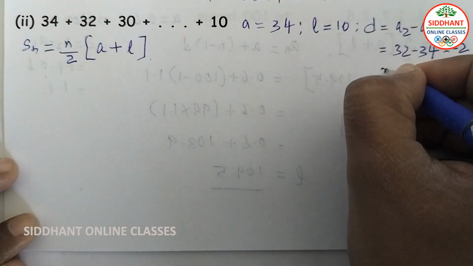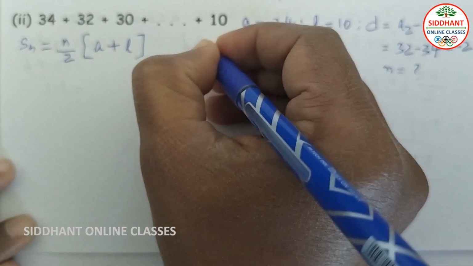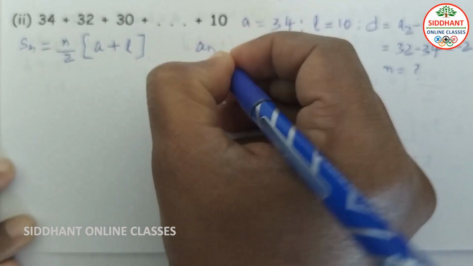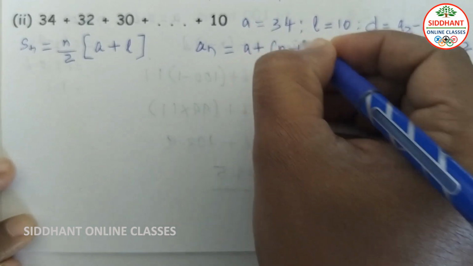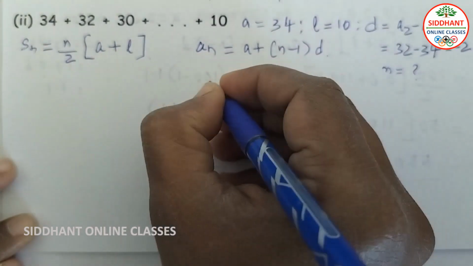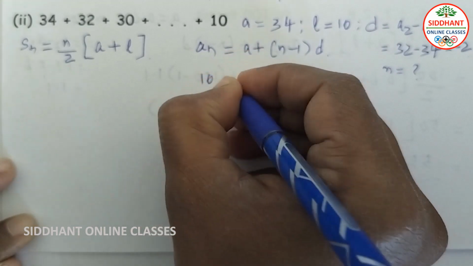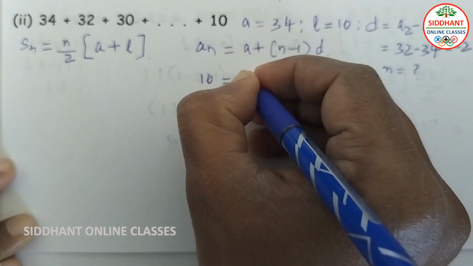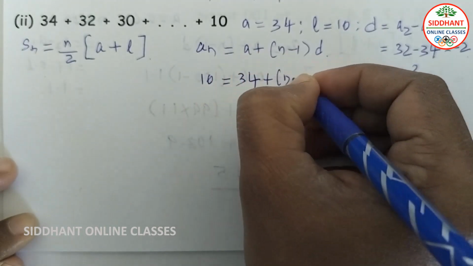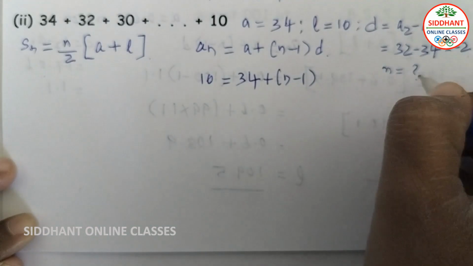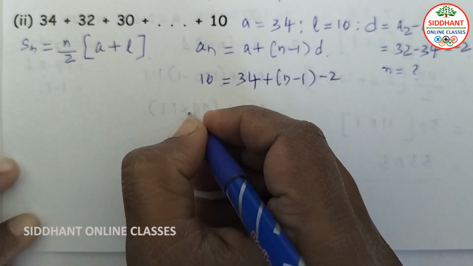And n is not given, n we are going to find out here. So n, how are we going to find out? An equals A plus n minus 1 D here. An is L, which is the last number given, that is 10 here. A is the first number, that is 34, plus n minus 1, we are going to find out n. Common difference, which is minus 2 here.